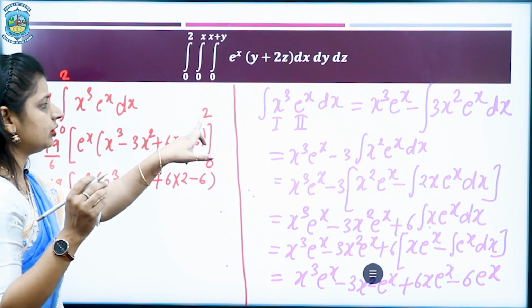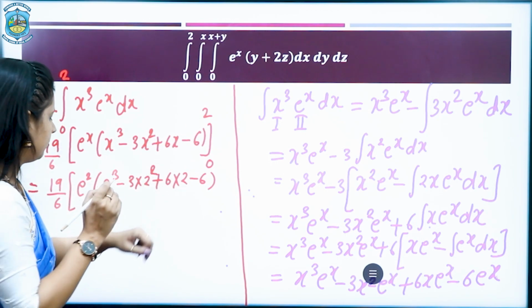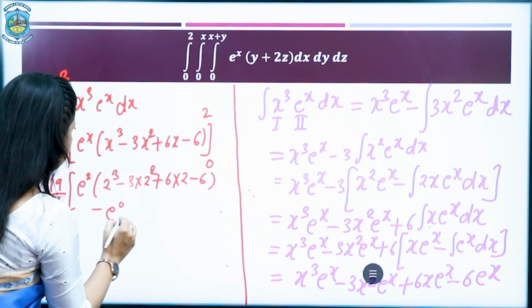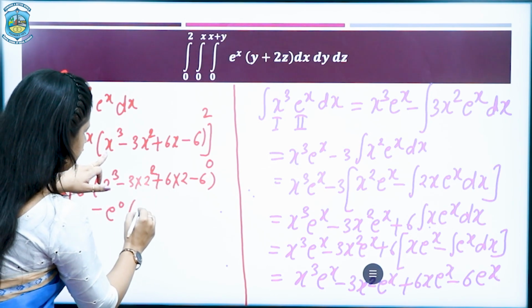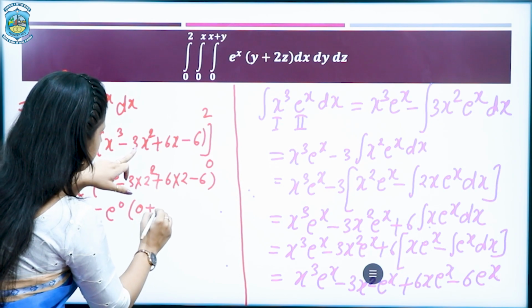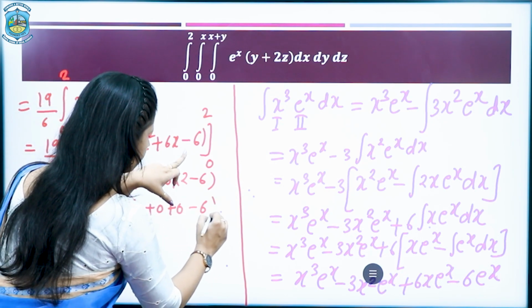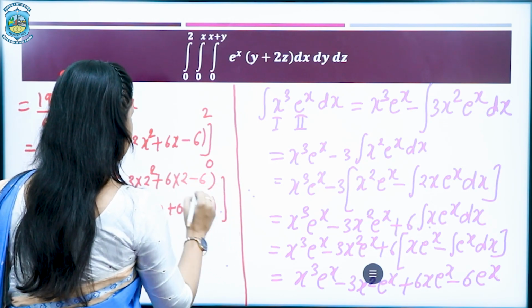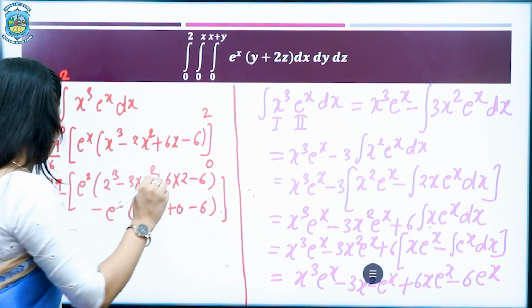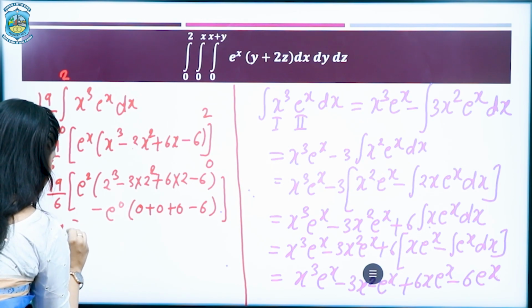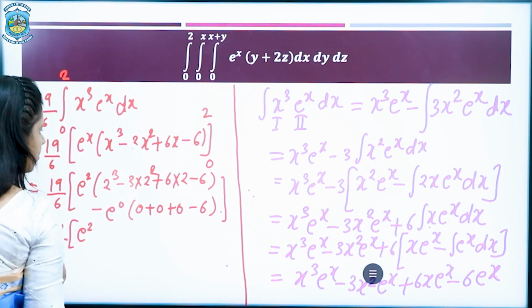When we substitute the upper limit, minus, we will substitute the lower limit, that is e to the power 0. Here we will get 0, here we will get 0, this term would be 0, but this last term is minus of 6. Now, on further solving, we will get 19 by 6, this is e square.